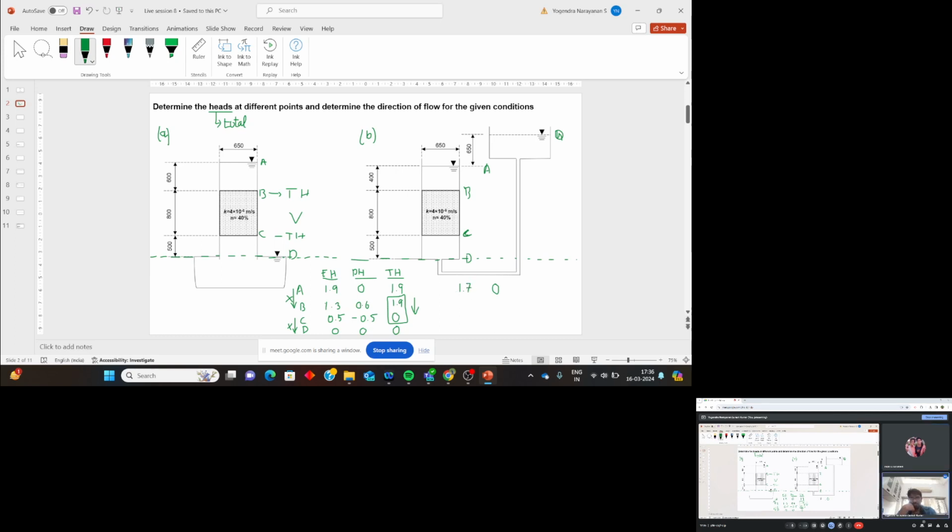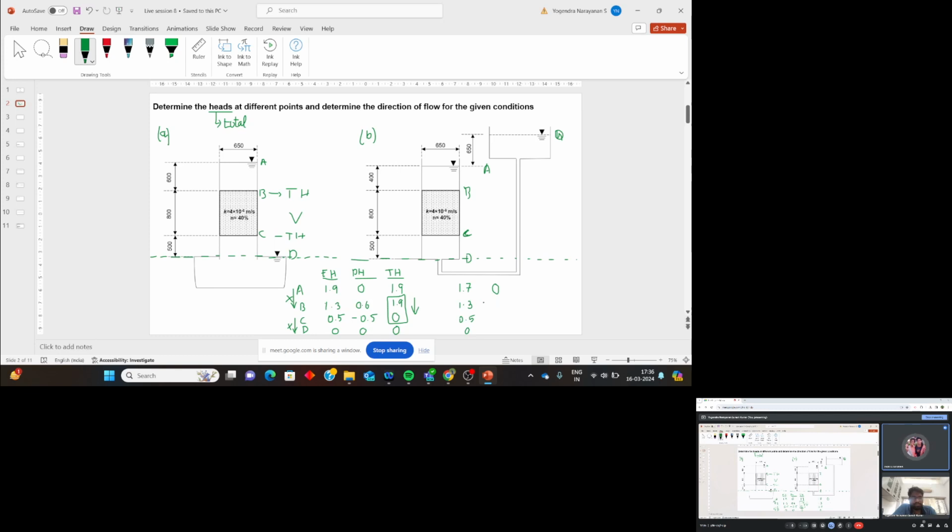Now at B, 1.3. At C, 0.5. At D, 0. Pressure head at A is 0.